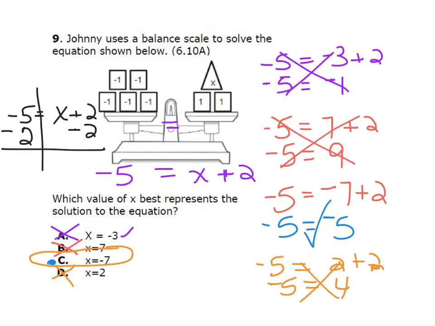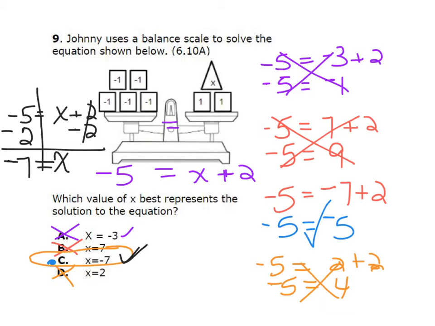The integer rule says if they're the same signs, you add and keep the sign. And 2 minus 2 is 0, so we're left with x. So negative 7 is equal to x. If you notice, we have negative 7 as my answer, so that means my answer is correct. You could do it either method: do the substitution like I did for all of the answers, or you could solve it the way we've been learning.